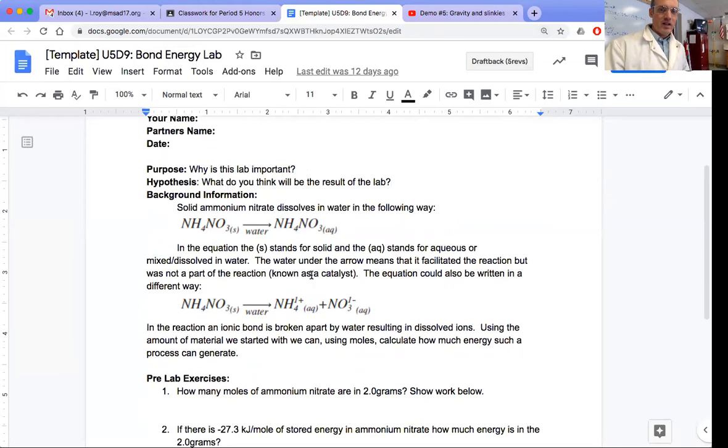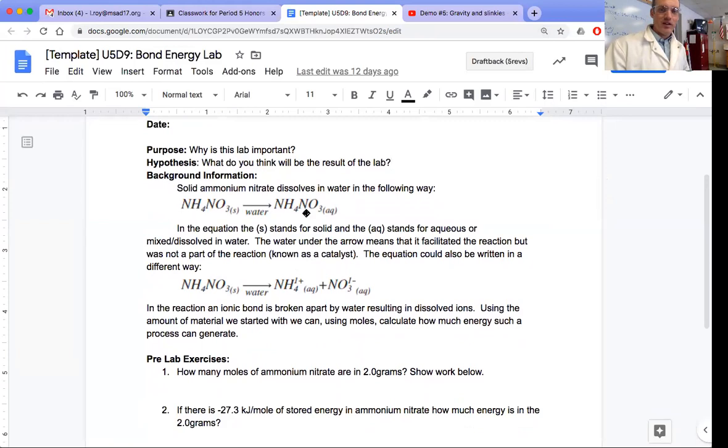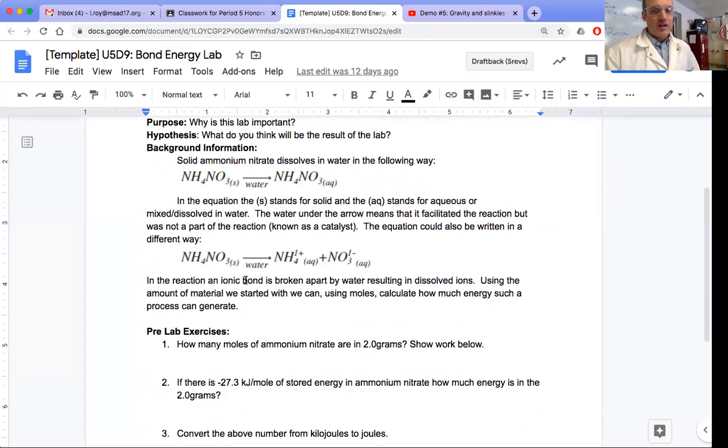One of the main ideas is that we're taking a solid ammonium nitrate and we're going to dissolve that in water. We also can see that it splits up into the ions in solution, which is what aqueous means.